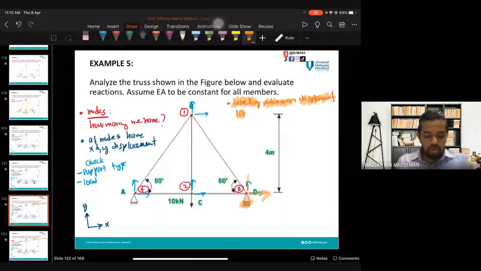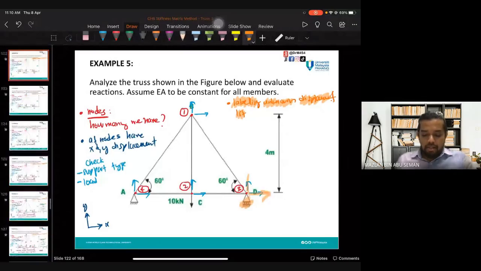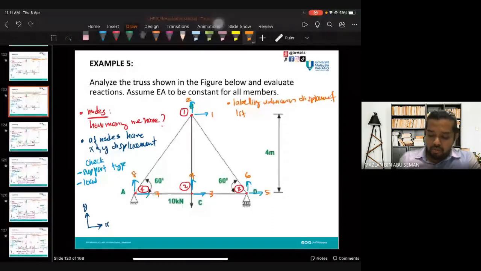You should be able to differentiate that. Then you start labeling with the unknown first. So we label the unknowns for node 1 and node 2 first: number 1, number 2. Then go to nodes 2, 3, 4. Then you have node 4 and node 3.